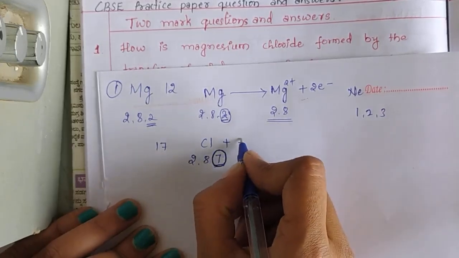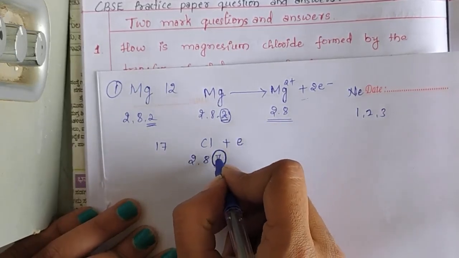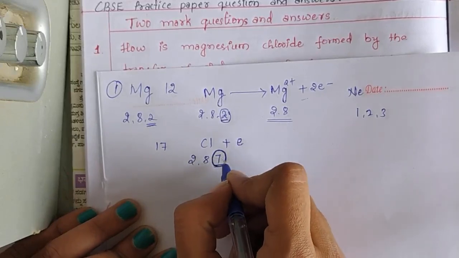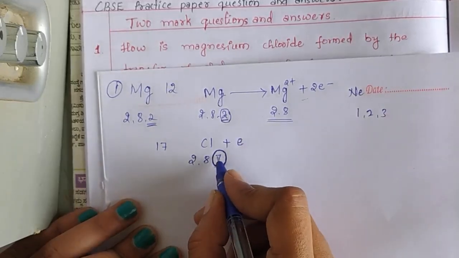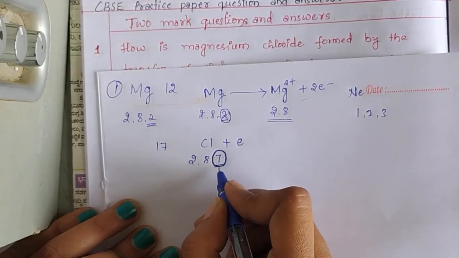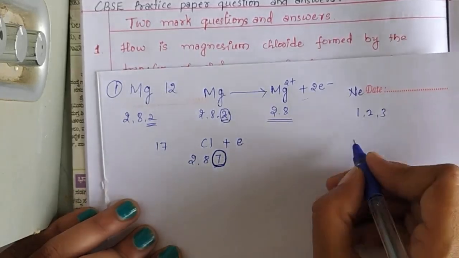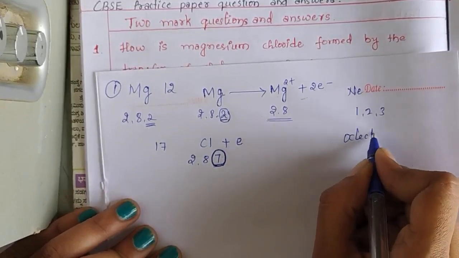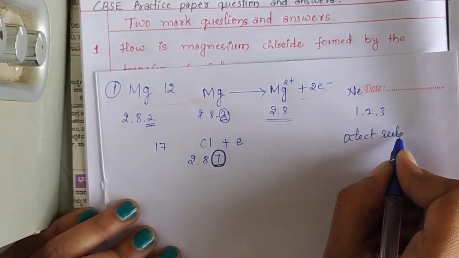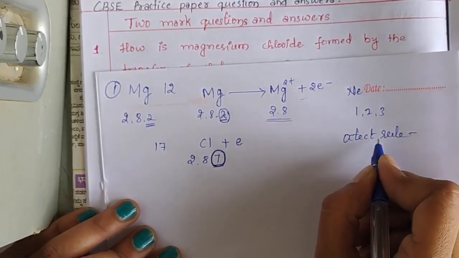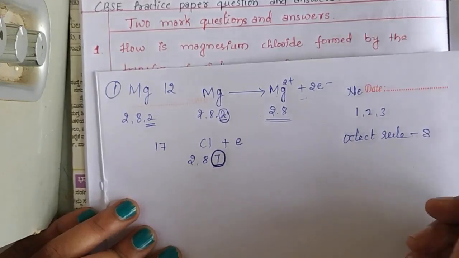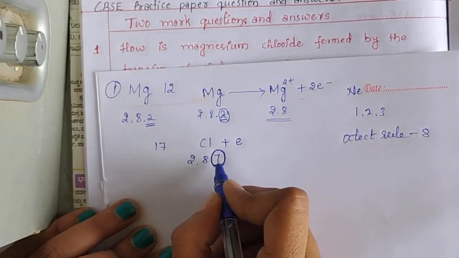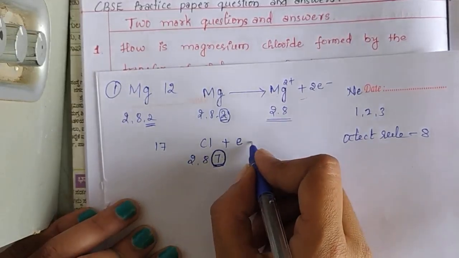It requires one more electron to satisfy the octet rule. Octet rule means that the outermost shell should be filled with 8 electrons. So by gaining 1 electron, chlorine becomes stable.